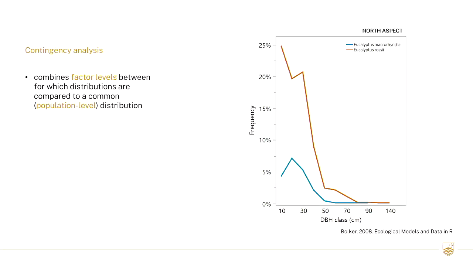What about when we have two levels then? This is definitely a case in which it doesn't make a lot of sense for us to compare this distribution of Eucalyptus rossii to Eucalyptus macrorhyncha in this form, because neither of them has a completely random distribution. They are both strongly skewed, very much right skewed.